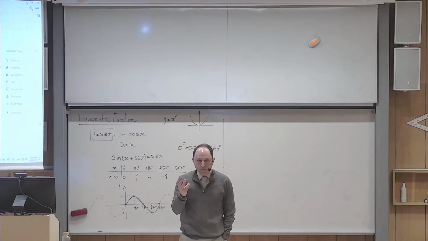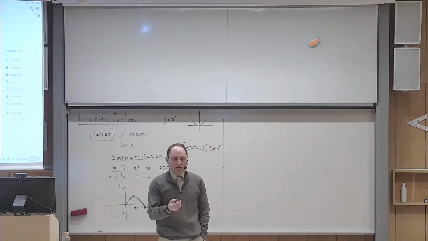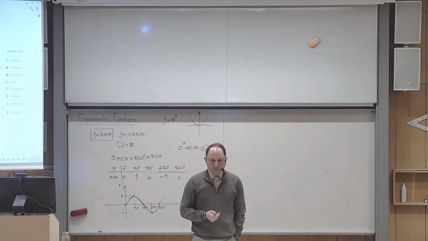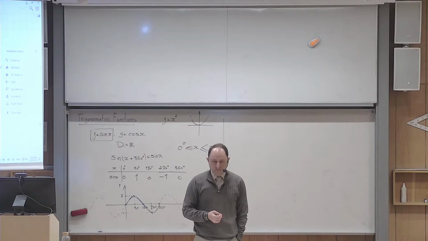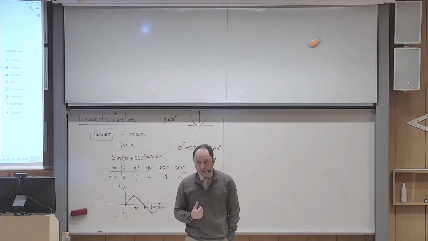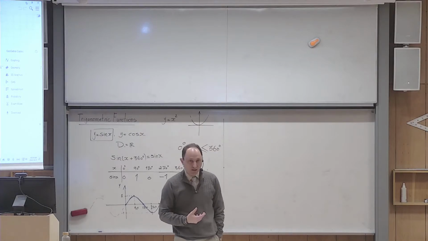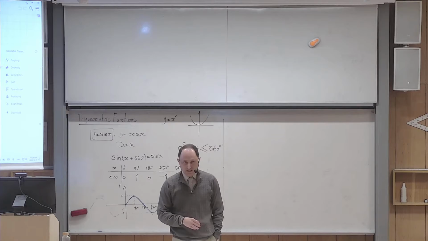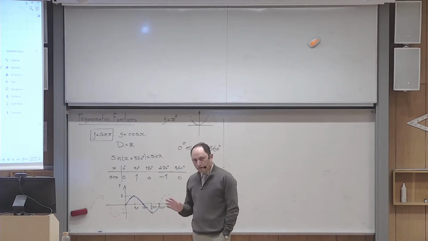Why shouldn't you expect a surprise when you are doing the graph of cosine? Well, the maximum value is 1 and the minimum value is minus 1 again, and therefore it is the same. And one more thing, it's also periodic.